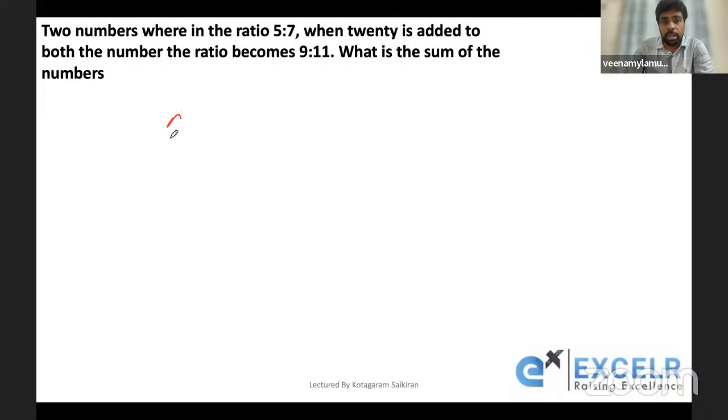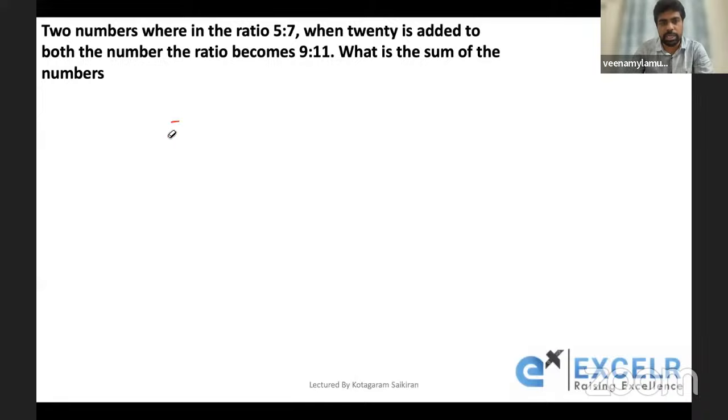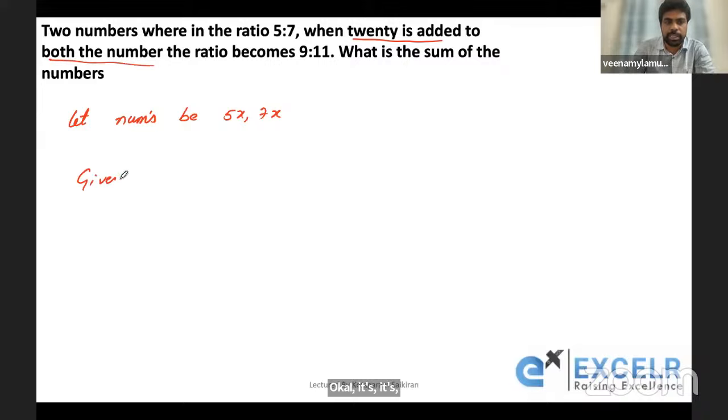See, we'll assume that there are two numbers, A and B. First, I'll tell you the general way in which you find in books. Let the numbers be 5x and 7x. On adding 20 to both the numbers, the ratio becomes 9:11.